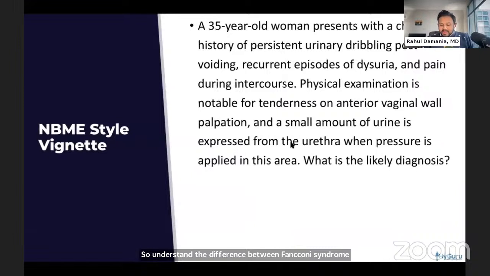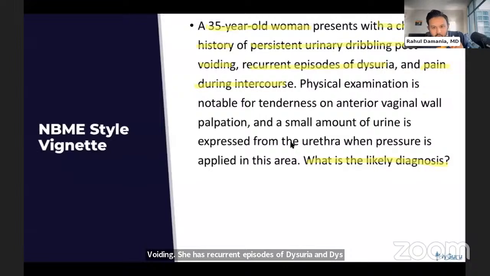All right, let's go ahead and go through this NBME style vignette. I want you all to put into the chat box, what's the diagnosis? Let me read you the vignette. A 35-year-old woman presents with chronic history of persistent urinary dribbling post-voiding. She has recurrent episodes of dysuria and dyspareunia, which is pain during intercourse.